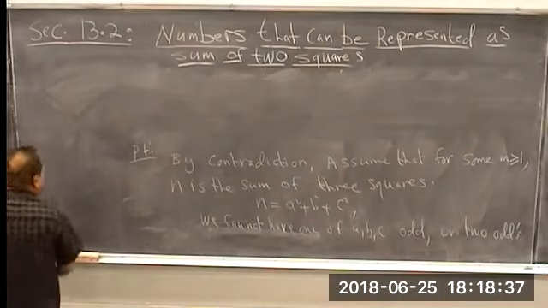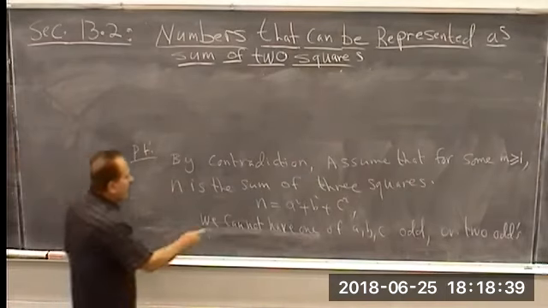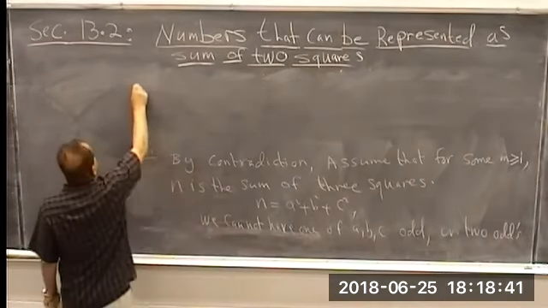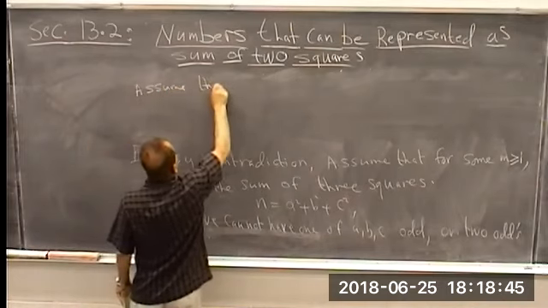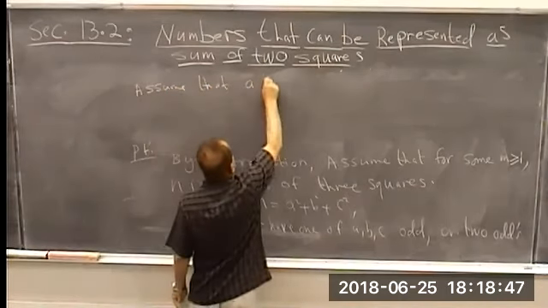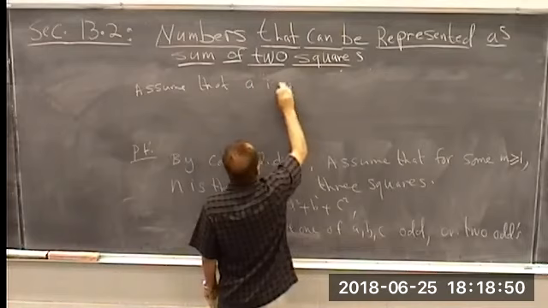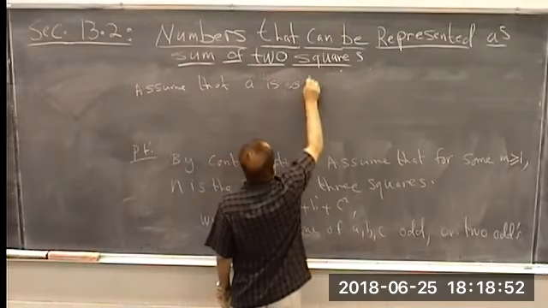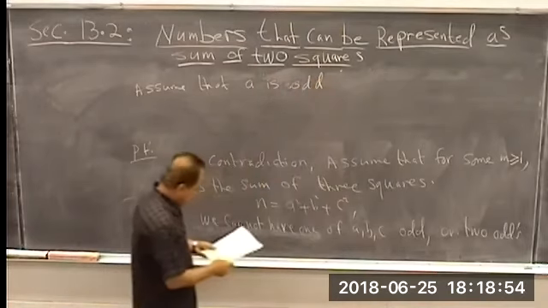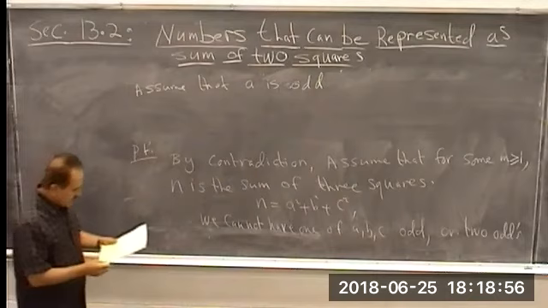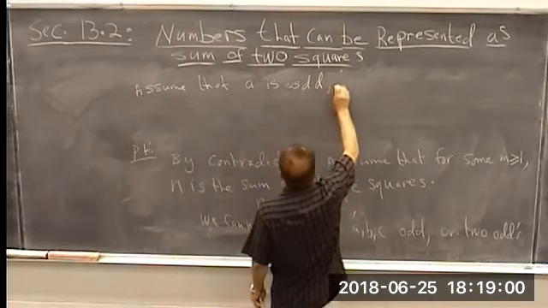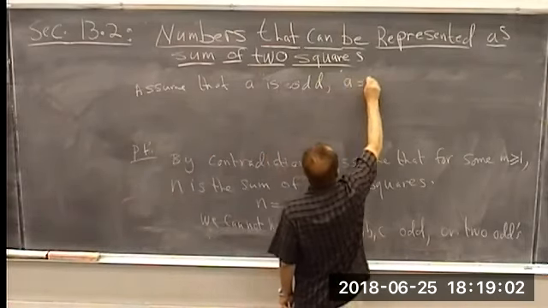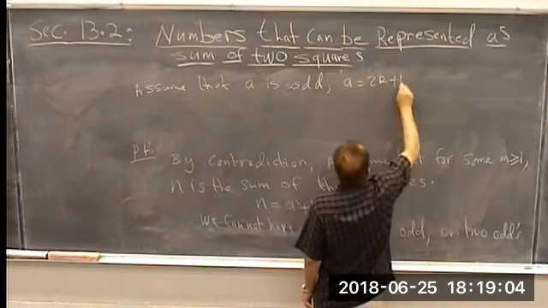If we have one odd, let's assume that A is odd. And so A is equal to 2k plus 1.